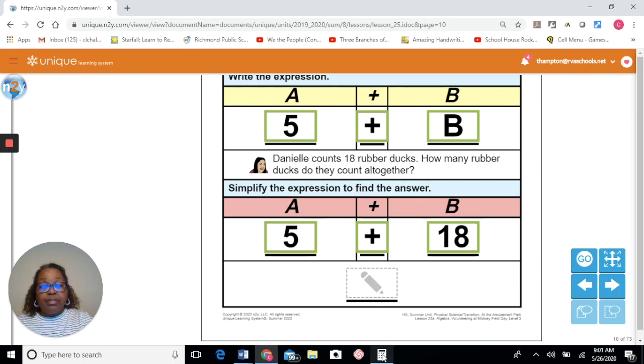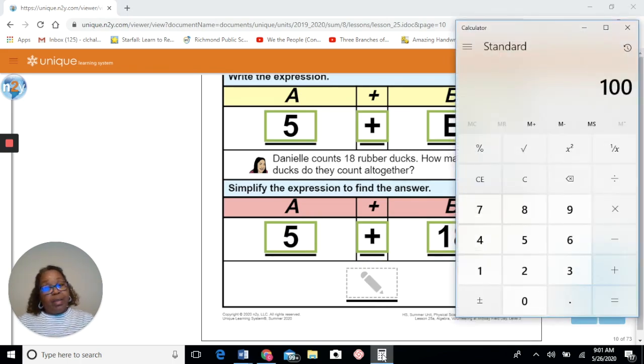And now we're able to write our answer. Let's use our calculator. That's my strategy for today, to use the calculator to get the answers. So first we use our calculator. We need to clear it out. So I'm going to hit the clear button, both of them. And I'm going to add 5, plus 18.